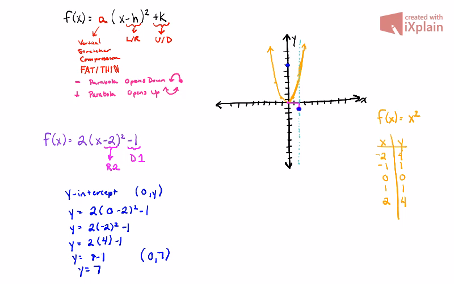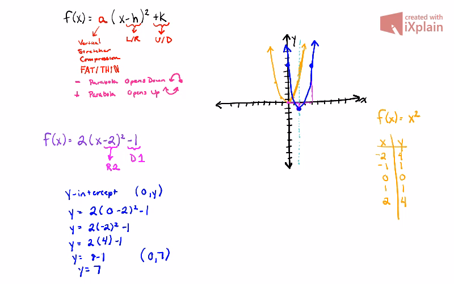So if I go 2 points to the right of the vertex and then up 7 spots, I would meet the mirrored point. I actually have enough to make my parabola. So if I connect this, here's the rough sketch of my parabola. You do not need anything else just to provide the rough sketch.